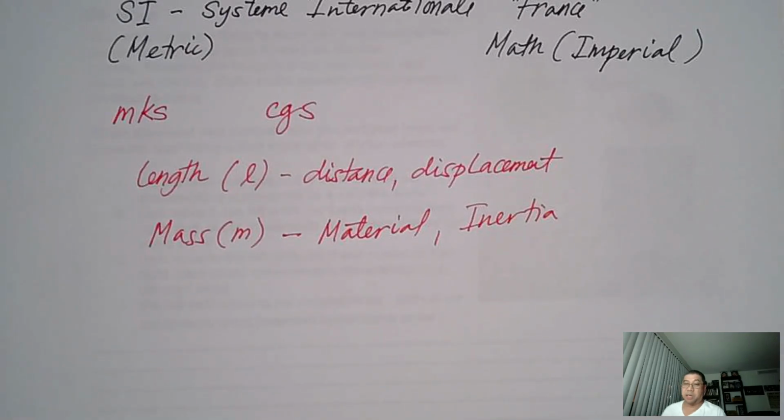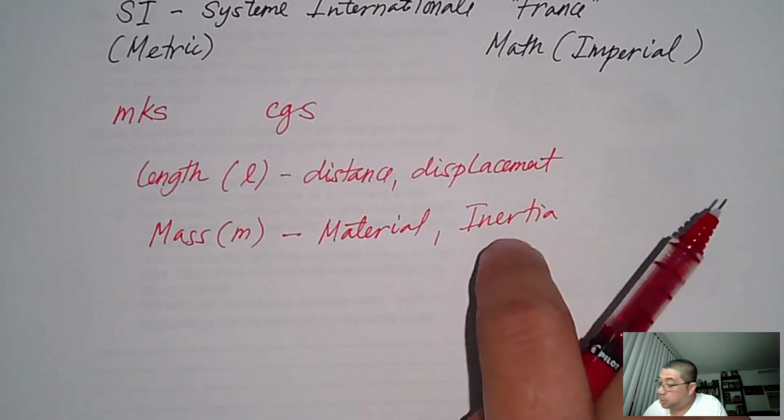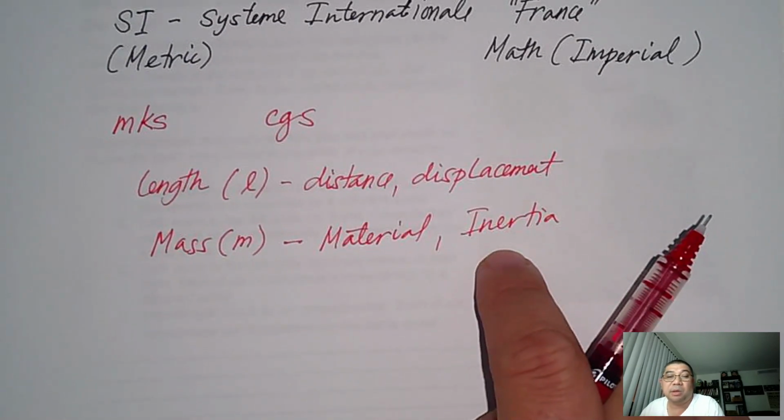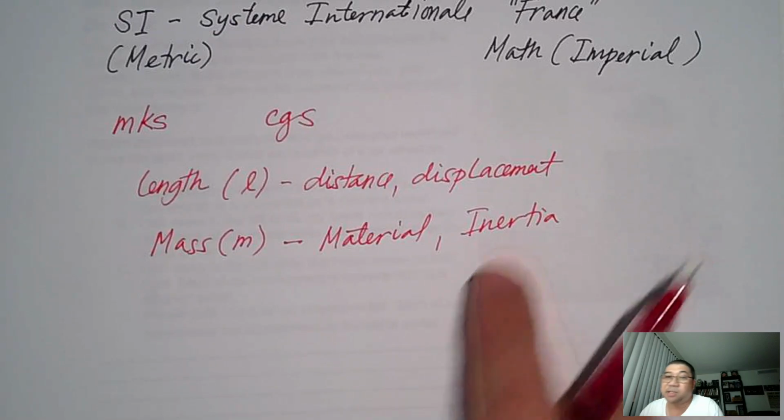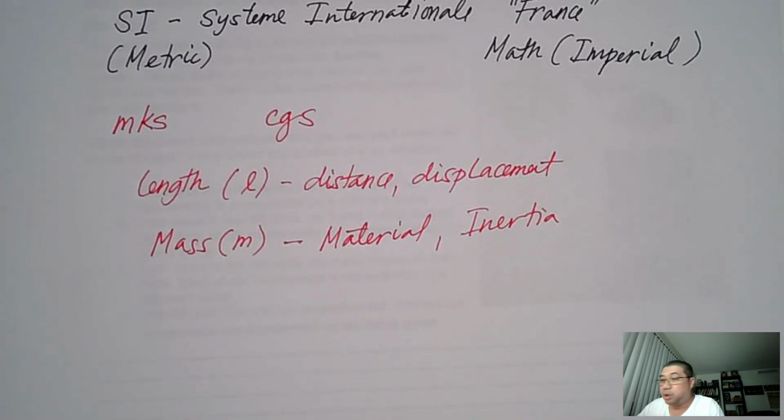In this class in physics, most of our lessons have something to do with inertia mass. If we're talking about kinetics, that is inertia mass. If we're talking about statics, then we're talking about material mass, because that's the amount of force of gravity. But they're interchangeable because the factor that you multiply to change certain mass into force are the same values.